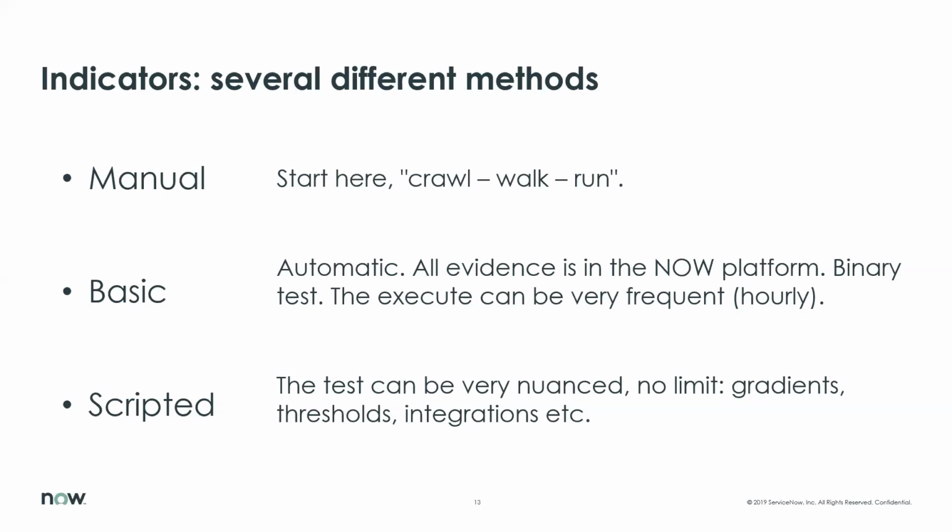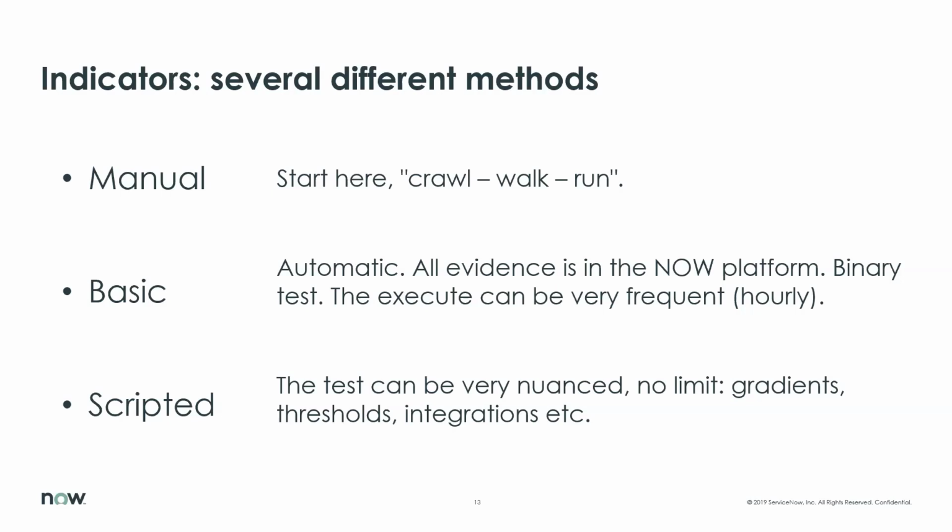Now, when we get into the basic realm, the basic indicators, those presume that all the necessary evidence is inside the ServiceNow platform itself, right? This is going to be things like your ITSM process is already generating change control records, and we can quickly assess those using a very basic pass or fail test. And then as we get more and more sophisticated, we can get into the scripted indicators, which really have no limits, right?